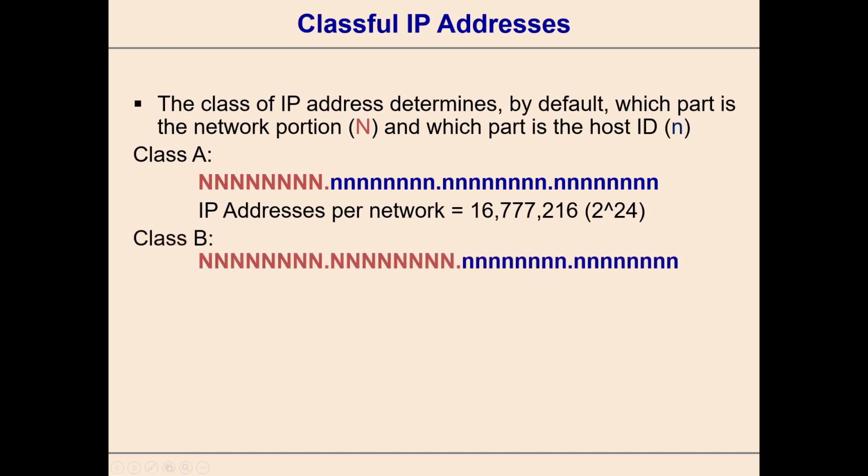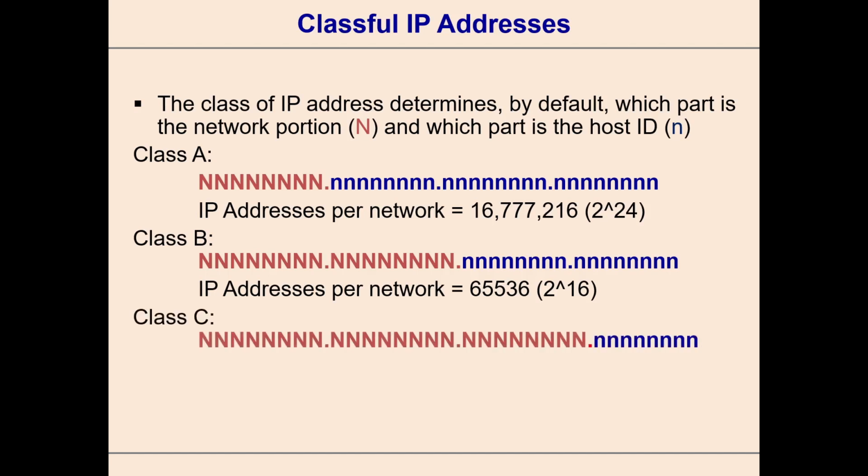Class B uses the first two octets for the network portion, and the second half, two octets, represent the host ID. So each Class B network provides over 65,000 IP addresses. That is still very big.